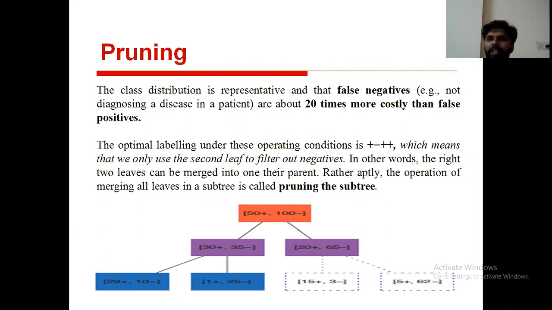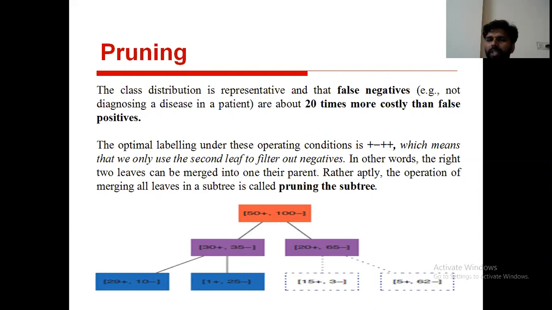The confusion matrix has four important points: true positives, true negatives, false positives, and false negatives.